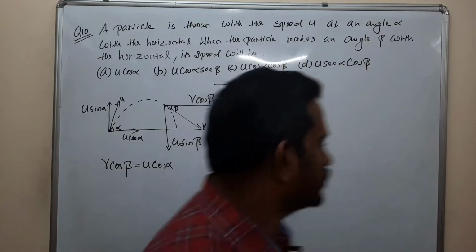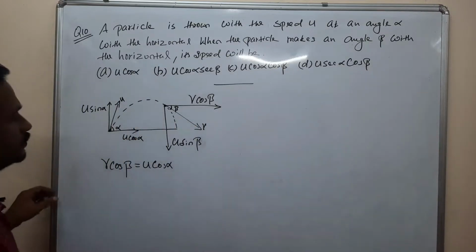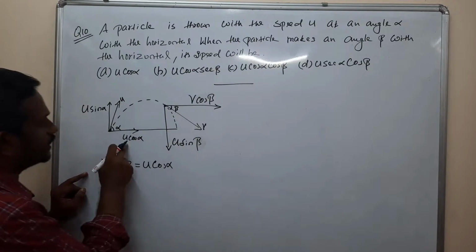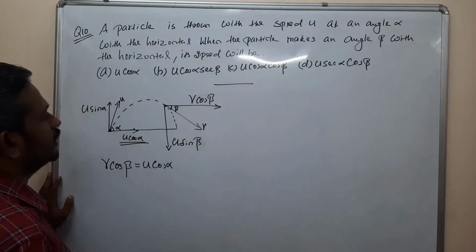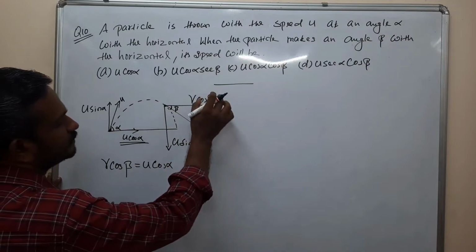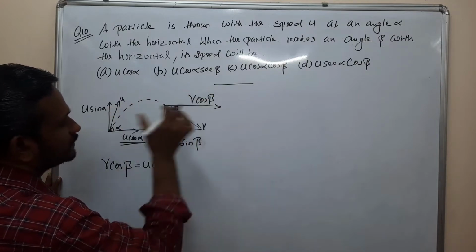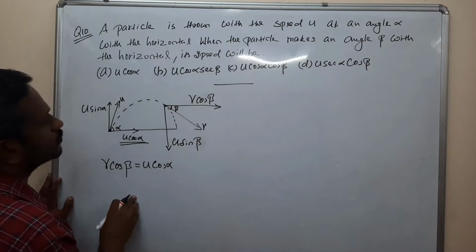So v cos beta is equal to the initial velocity in the horizontal direction, u cos alpha. So the horizontal velocity v cos beta is equal to u cos alpha.